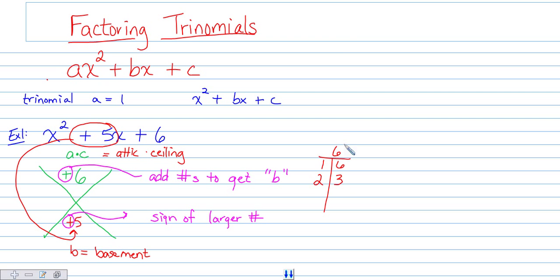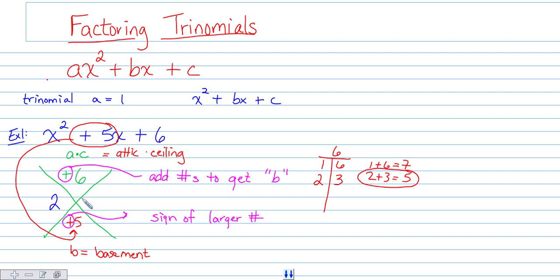You have all the factors of 6. Now we need to add those numbers. Well, 1 plus 6 equals 7. Well, that's not 5. And 2 plus 3 equals 5. So these are the ones that we want to use: 2 and 3.